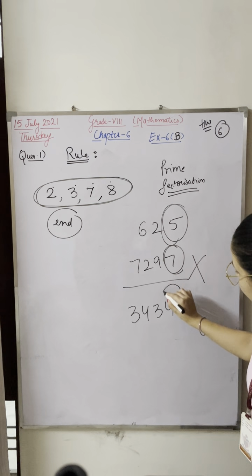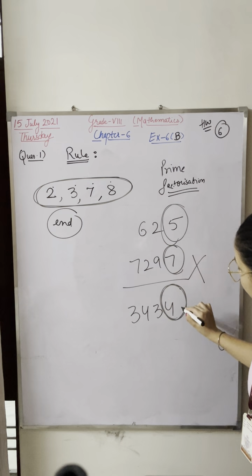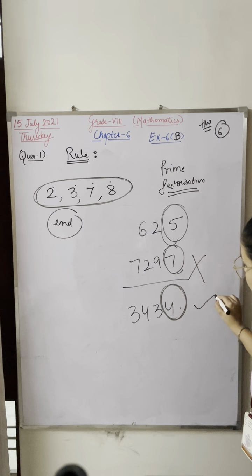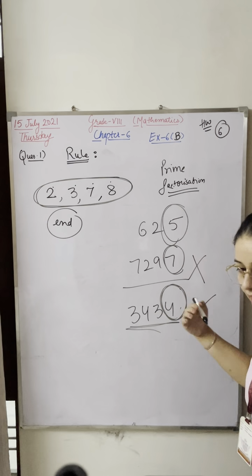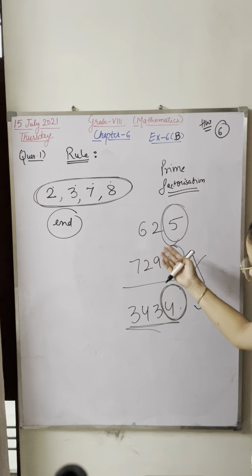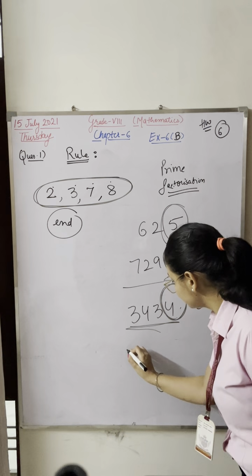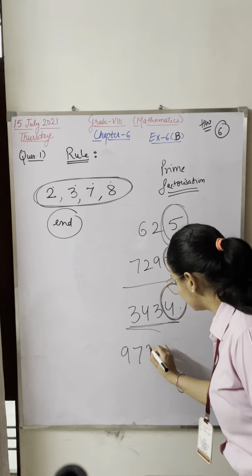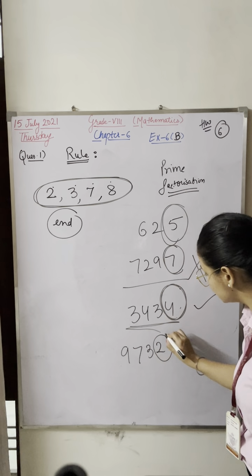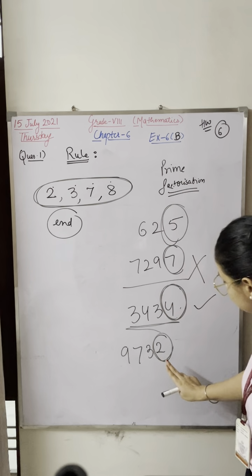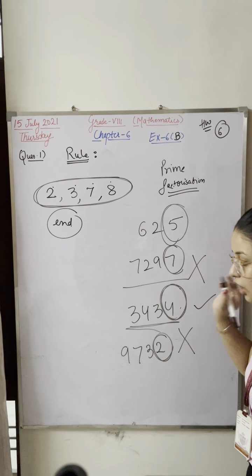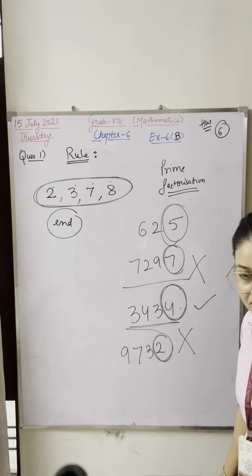If the last digit is 4, that number can be a perfect square. I'm writing these examples on my own, not the actual squares. Suppose the question is 9732. If the last digit is 2, that number will not be a perfect square.